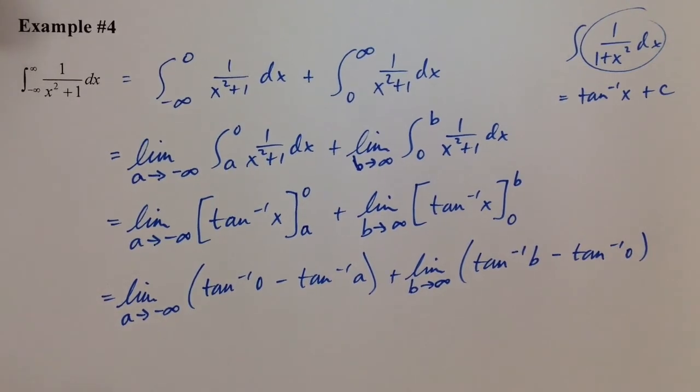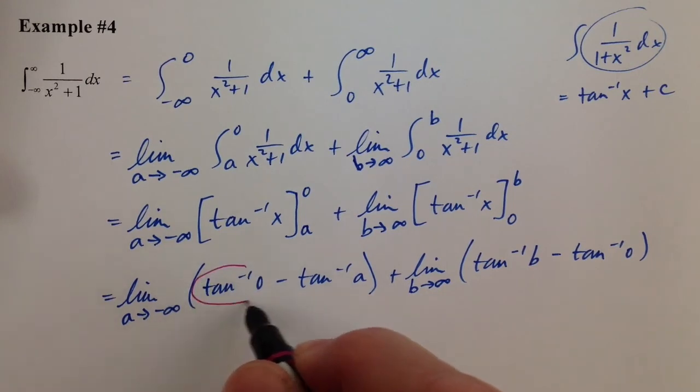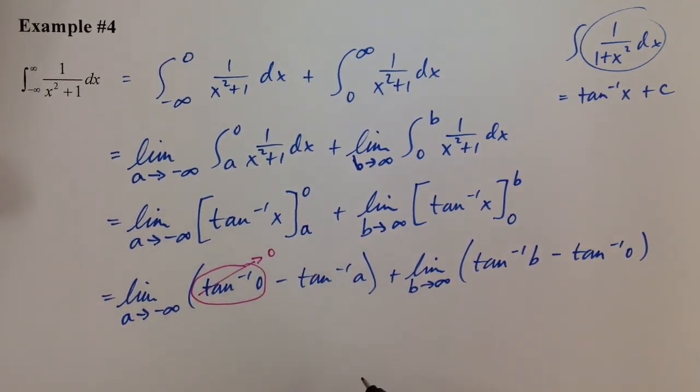Now we're able to find the limits. We already know that the inverse tangent of 0 is 0 because the tangent of 0 is 0. So that goes to 0.